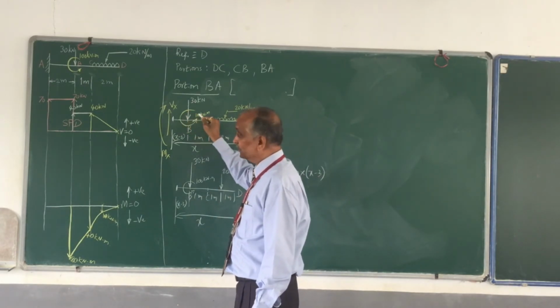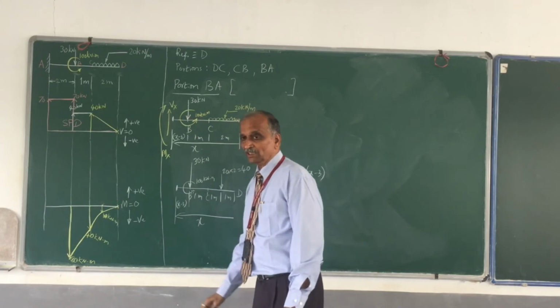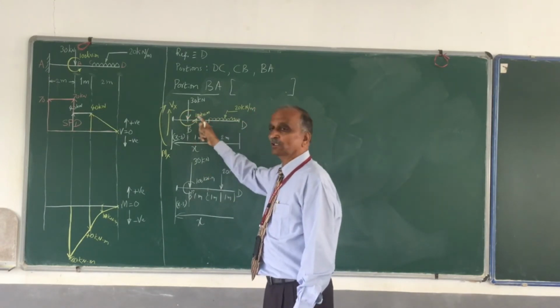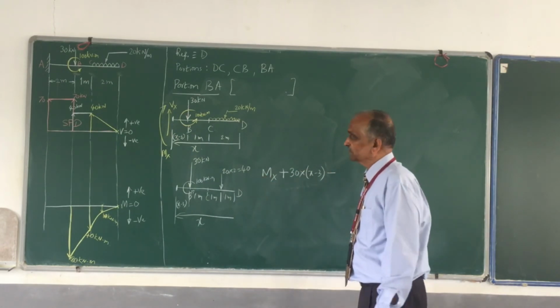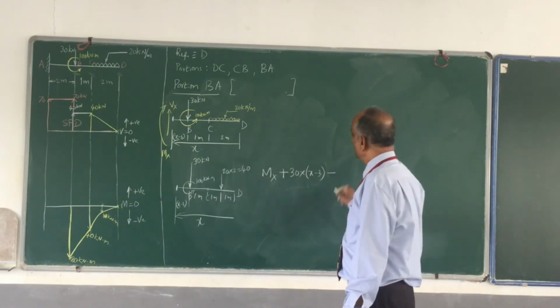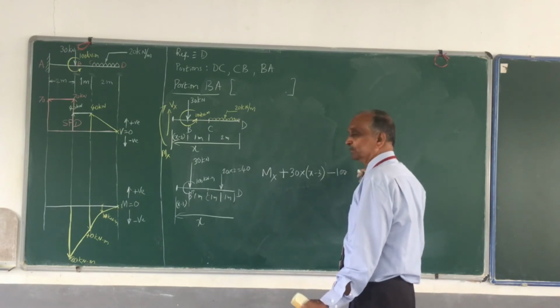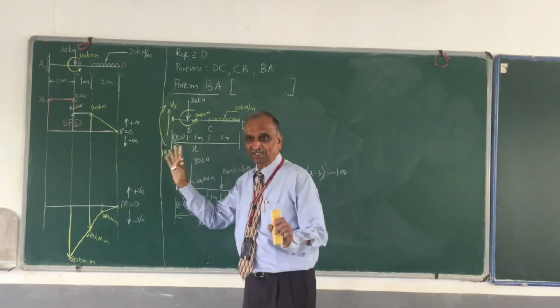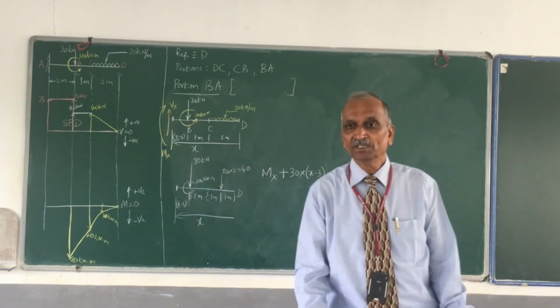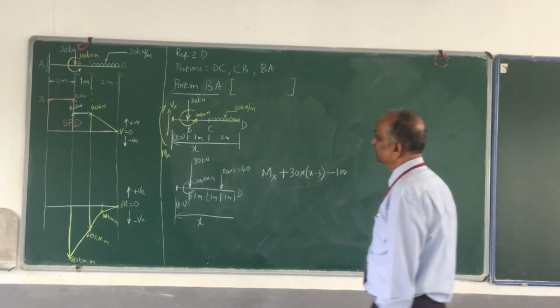Please remember, it is not a force, it is a moment. And what is the direction of that moment? It is anti-clockwise. So anti-clockwise moment is minus for this case. How much? It is 100 kilonewton meter. Don't multiply it by x minus 3. It is already a moment. 100 kilonewton meter. Okay, proceed further.